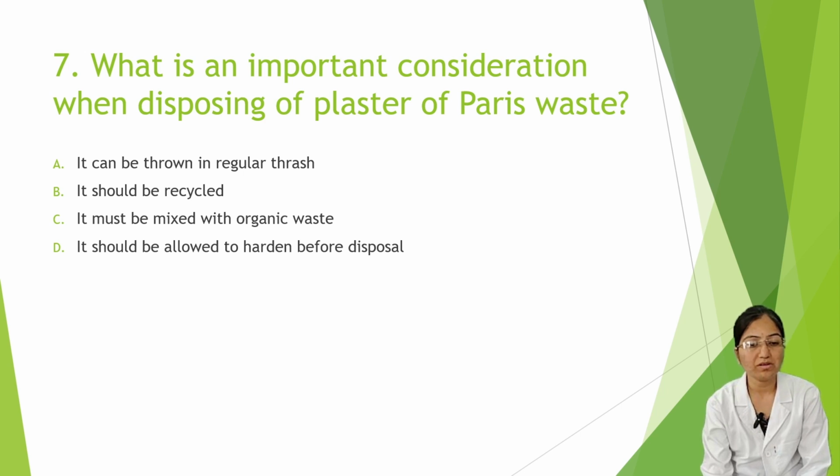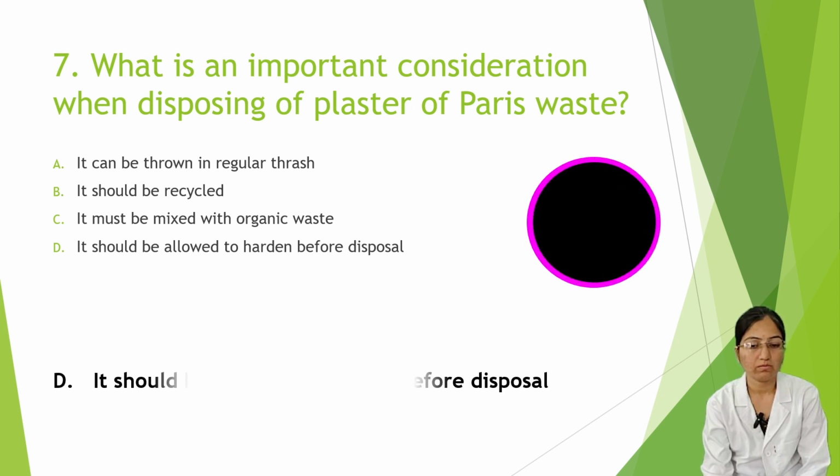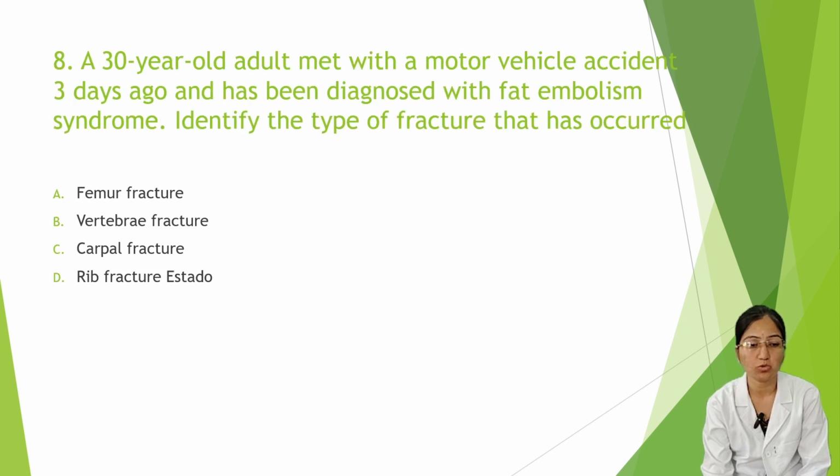What is an important consideration when disposing of plaster of Paris waste? That option is D. It should be allowed to harden before disposal. Next question. A 30-year-old adult met with a motor vehicle accident 3 days ago and has been diagnosed with fat embolism syndrome.